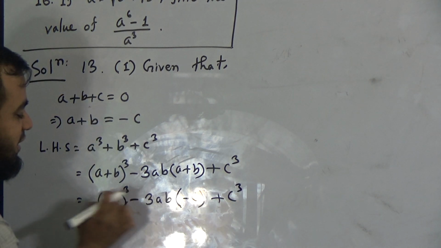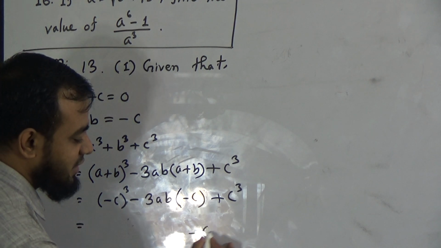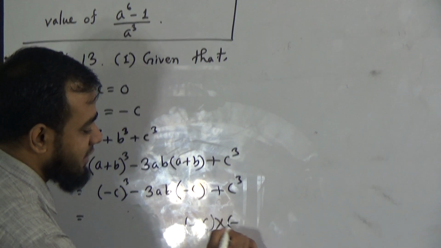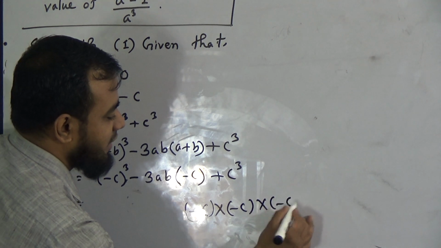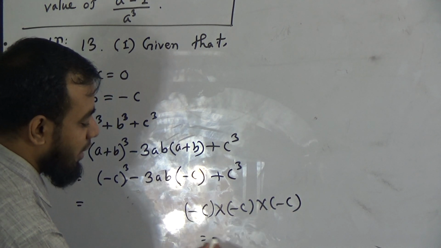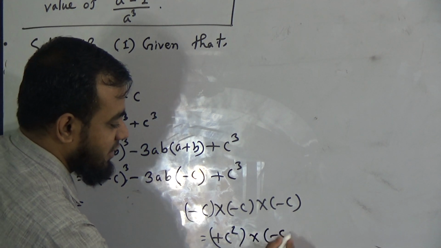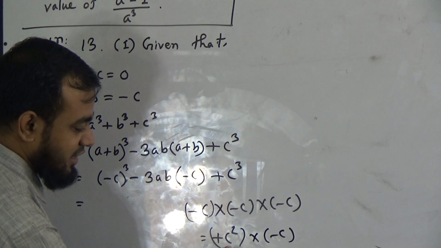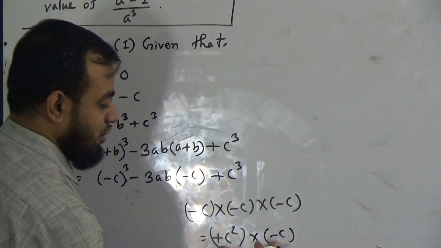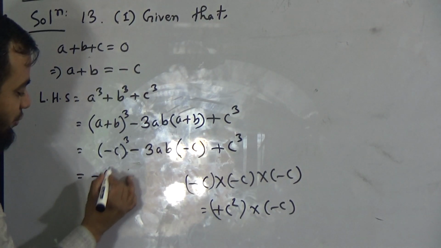Now minus c cube means minus c multiplied 3 times. That means minus c multiply minus c multiply minus c. Then minus c and minus c will make plus c squared, and this minus c remains unchanged here. Now plus c squared into minus c will take a minus sign, and c square and c will make c cube.